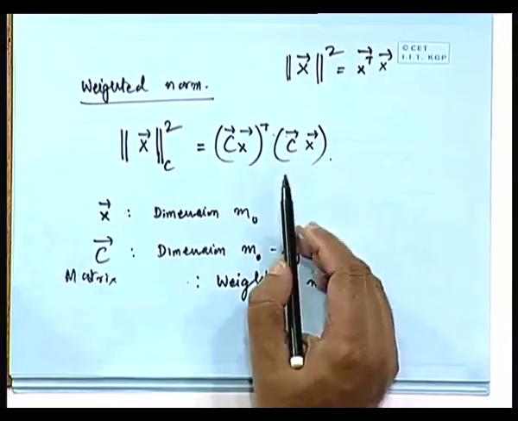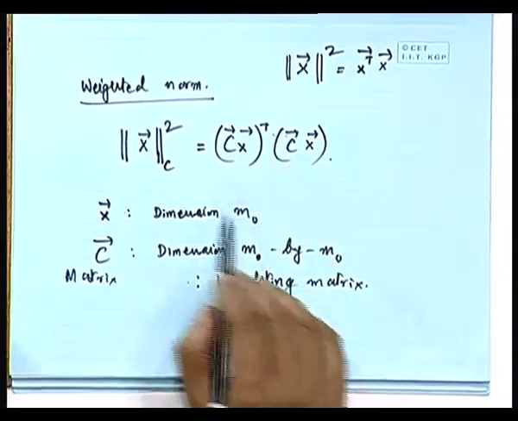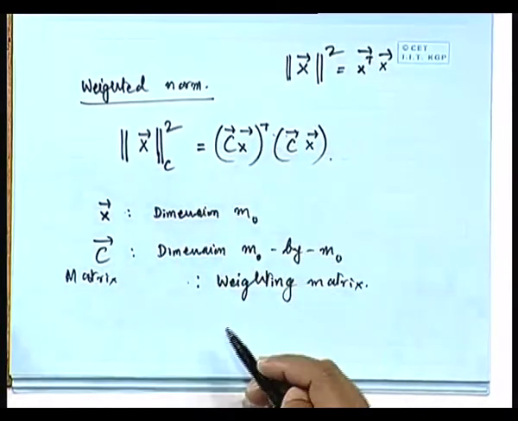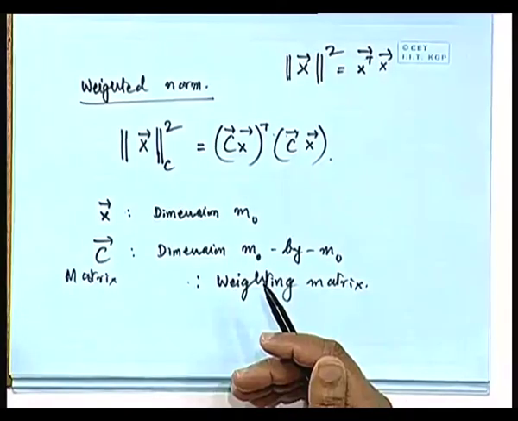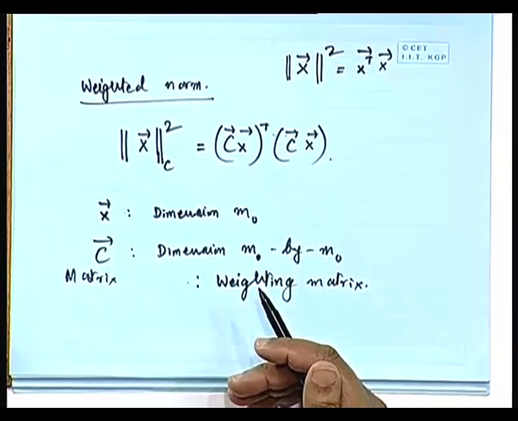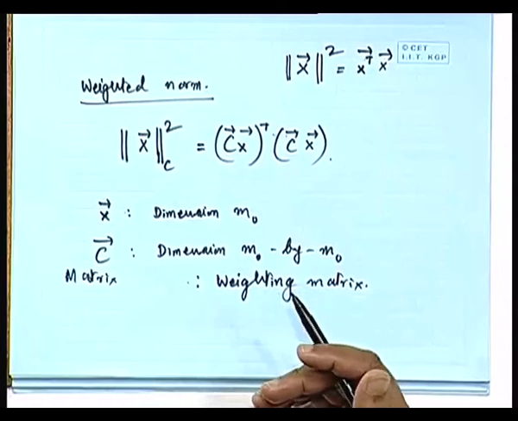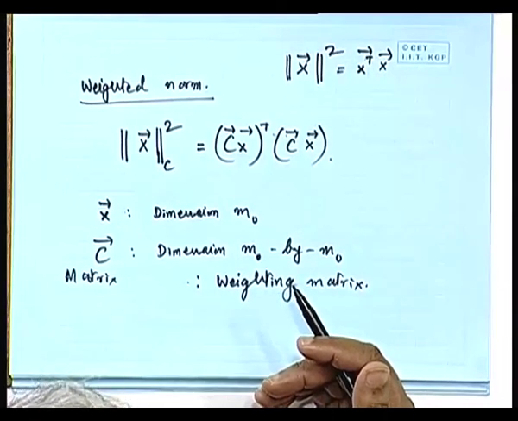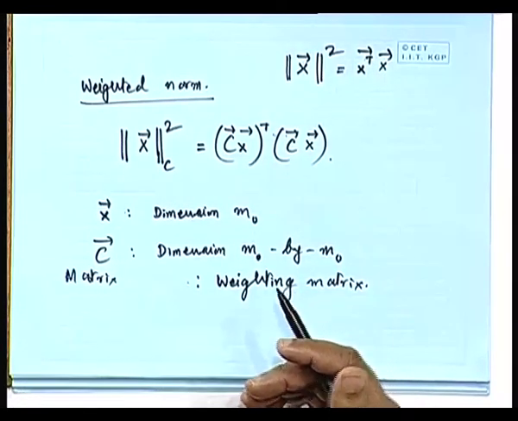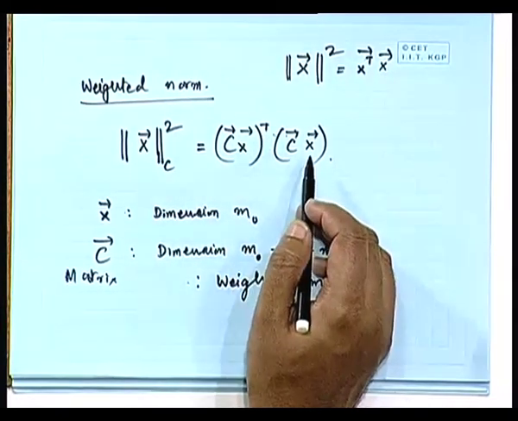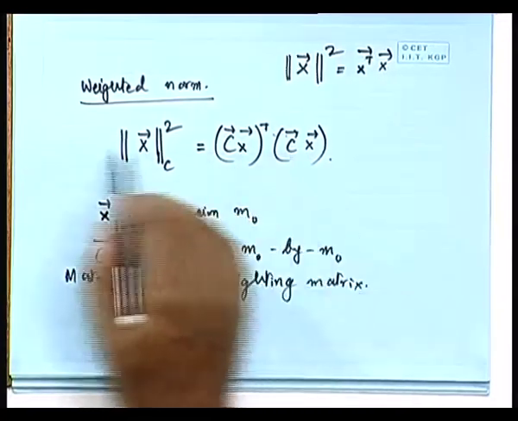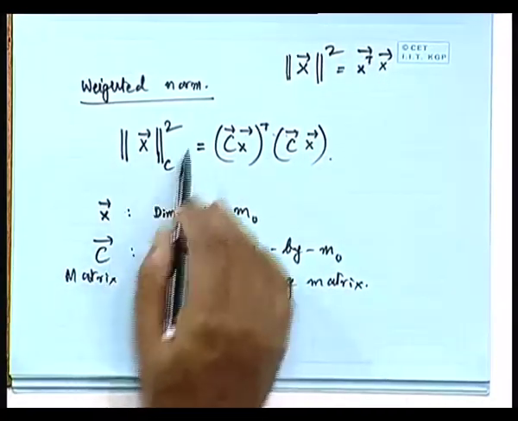So, it is only that x is modified by application of C. Dimensionally it remains the same, because x is of dimension m0 and C is of dimension m0 by m0, so Cx is also a vector of dimension m0. This is an m0 vector transposed multiplied by an m0 vector, so again this gives us a scalar quantity.